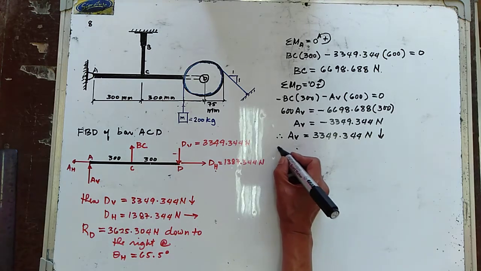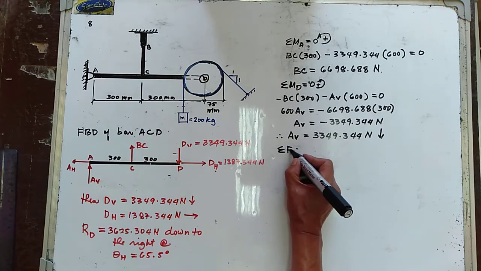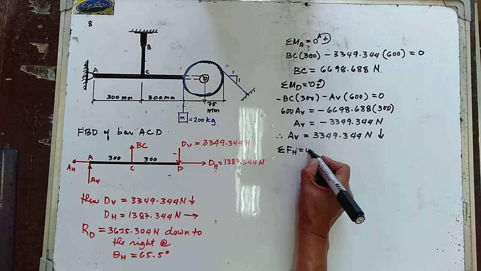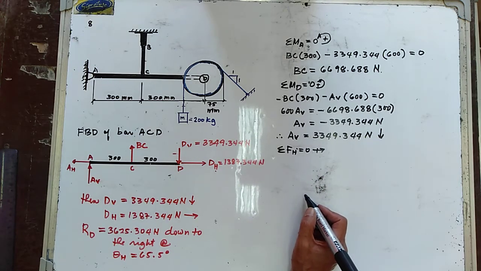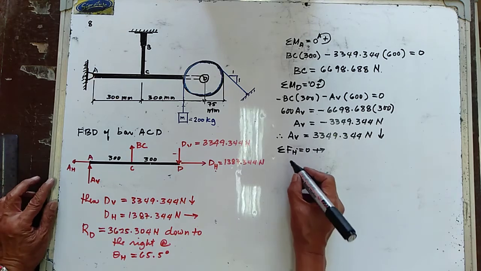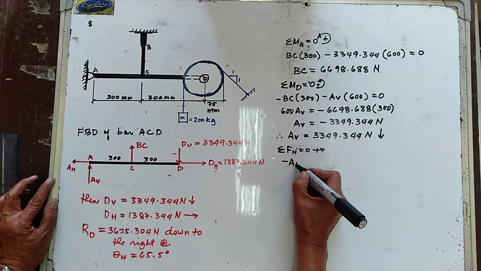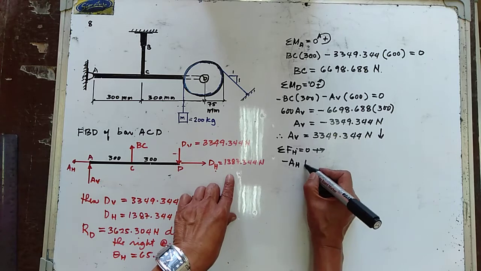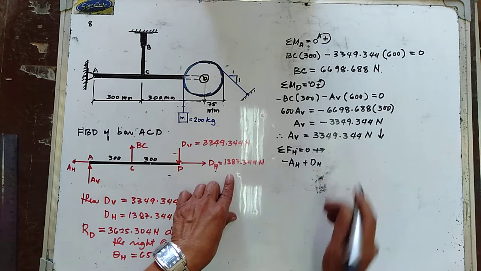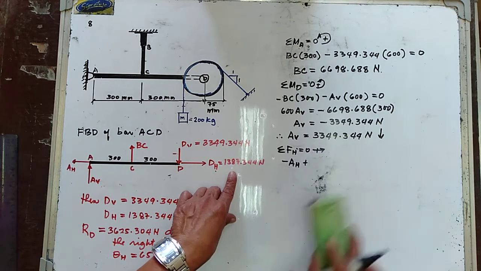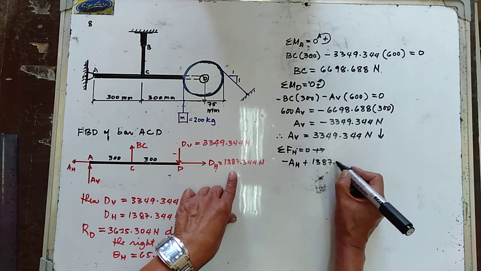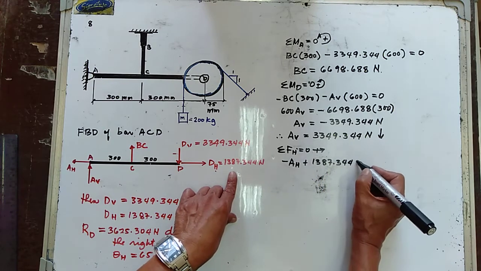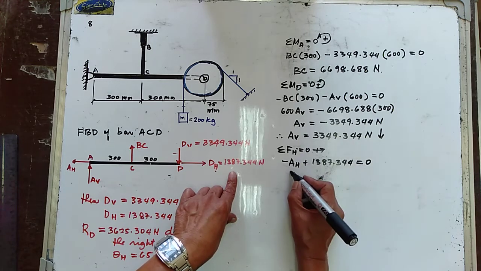Let's try to get now summation of forces horizontal is equal to 0, to the right forces positive. Minus AH plus DH, and the value of DH is 1387.344 newtons, is equal to 0.